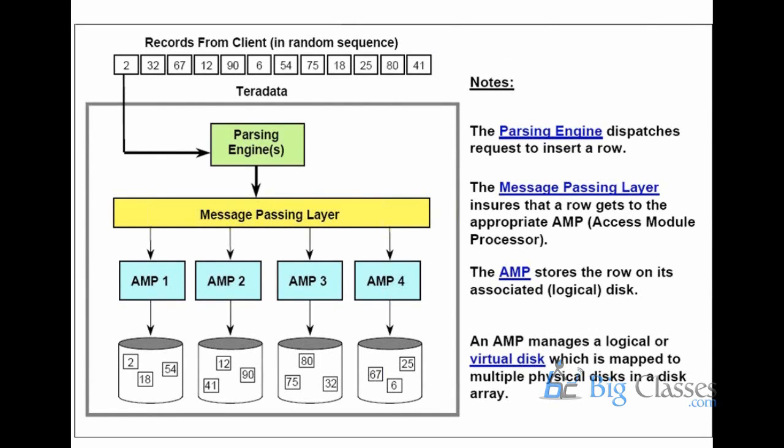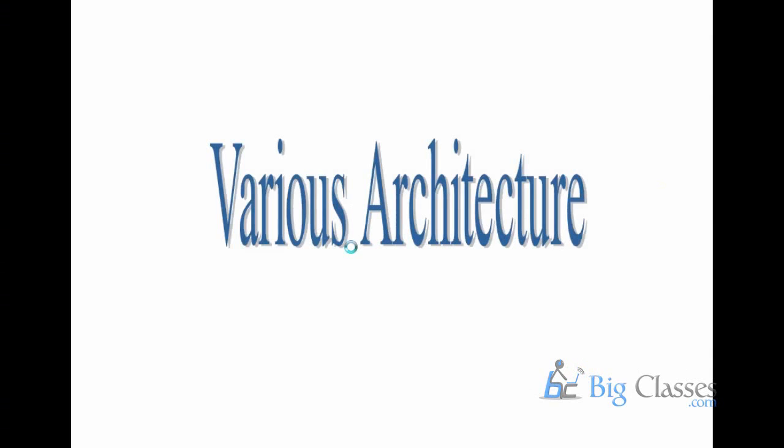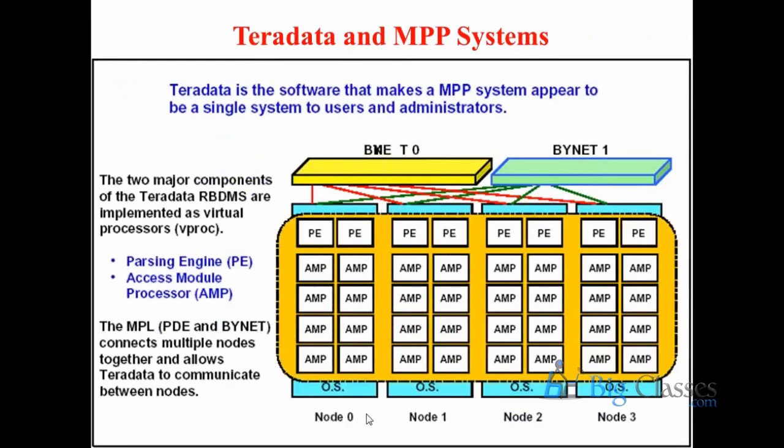Okay, got it. Let me just show you. This is node 0. The 4 nodes are there, and here you can see the chipset board. This is chipset board 1 and chipset board 2. If this parsing engine wants to communicate across all these 32 AMPs, even if this chipset board is not there, the device driver software will be sufficient to handle the communication between this parsing engine and the 8 AMPs.